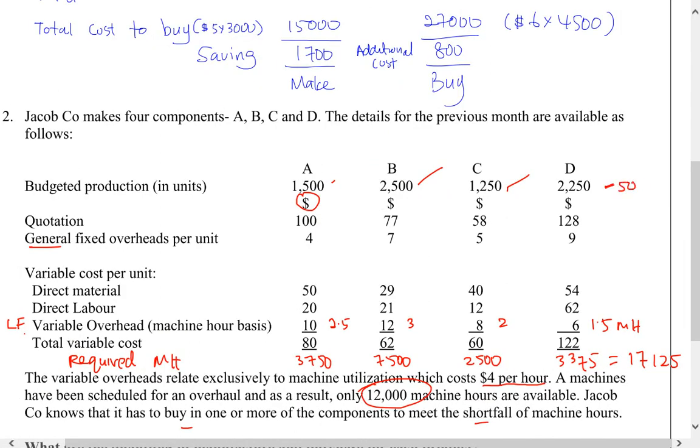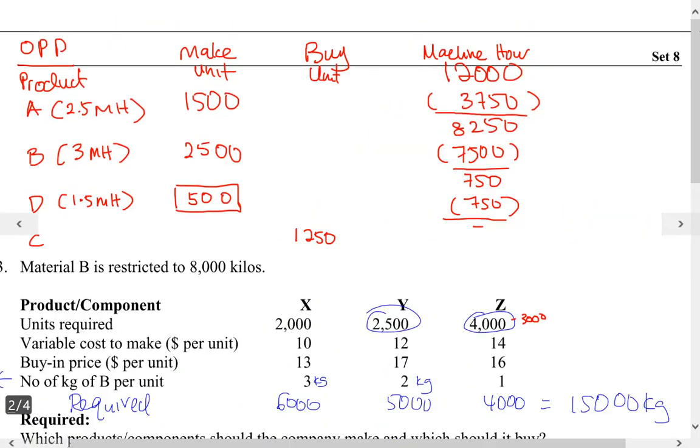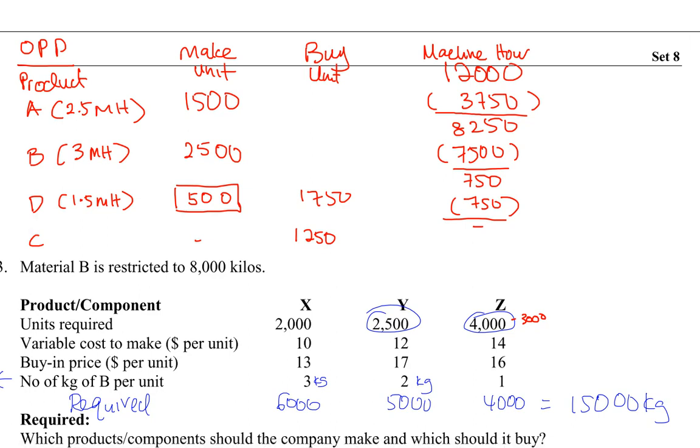So you minus 500, make the balance, I'll buy. So I'll buy the balance 1750. Make 500, so balance I'll buy 1750. So 2250: make 500, buy 1750. Because not enough. Make or buy. Okay.